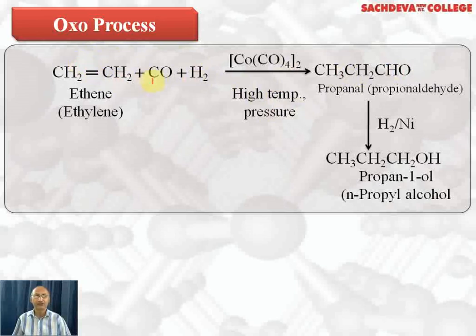This is CH2CHO. So we get propanal in the first step. If you want to get propanol, reduce it with hydrogen and nickel, the product formed will be propan-1-ol, whose common name is normal propyl alcohol. So if you want to convert ethene to propanol, use this method which is called the OXO process.